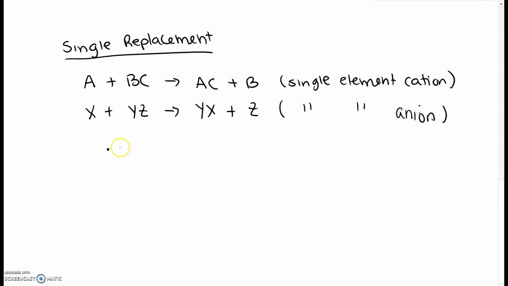I know it's single replacement when you have one element plus one compound giving you one element plus one compound.